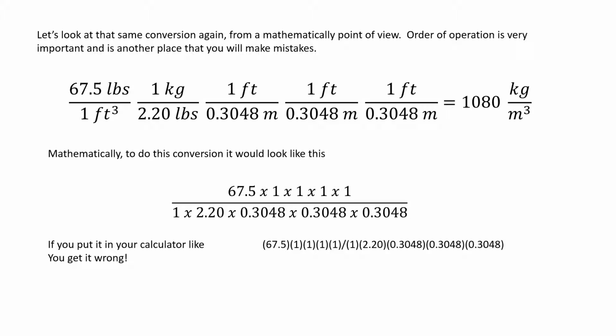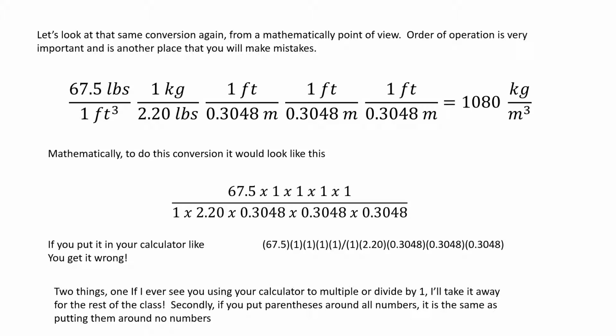What this literally told you to do was take 67.5, multiply it by 1 4 times, then divide by 1, but then you're multiplying by 2.20 times 0.3048 times 0.3048 times 0.3048. You didn't do the order of operations right. Multiplication and division are equal, so without parentheses in the right places, you do them in the order as shown.